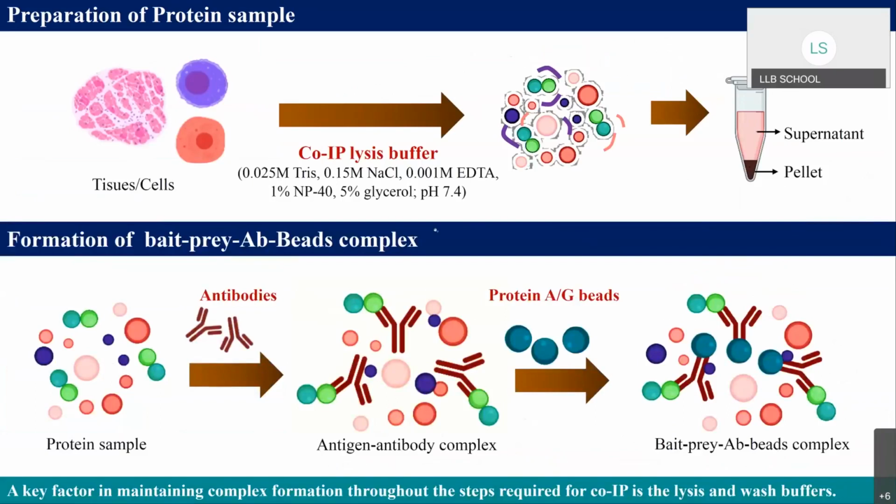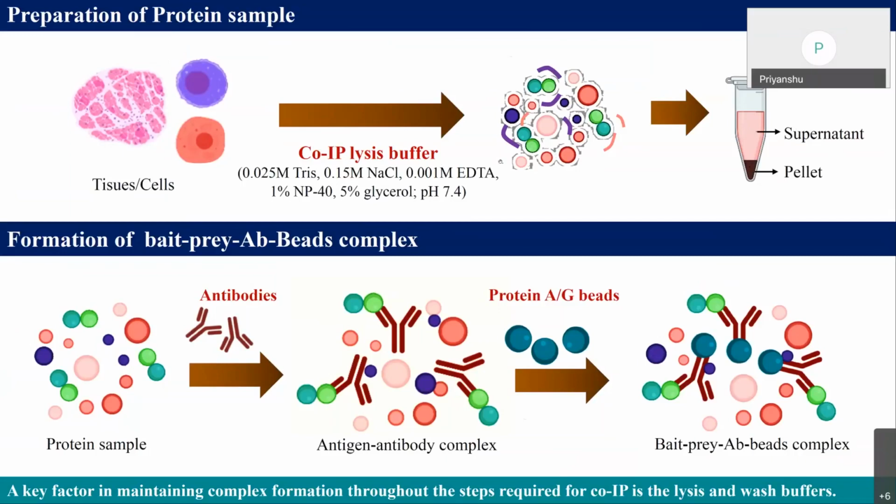So let's understand step by step. First, protein sample preparation. The major source of protein is our tissues or cells. First we lyse these tissues or cells with co-IP lysis buffer, and this lysis buffer is an important player in the co-IP assay system, because these are the factors involved in maintaining the complex formation.